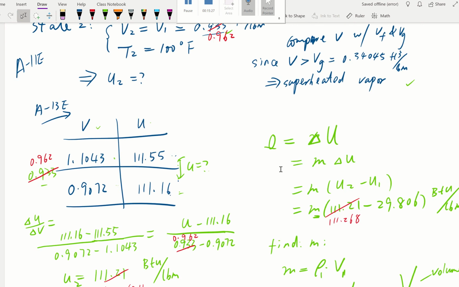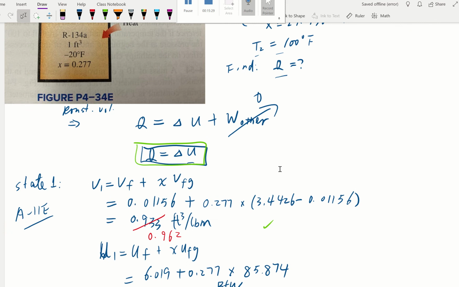So I went back and checked my V, the first step, finding the specific volume for state 1. The numbers all here are right. However, the calculation here is wrong.